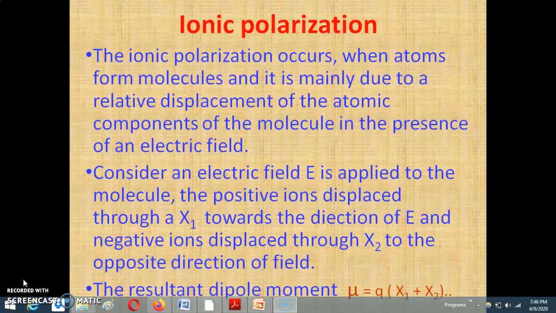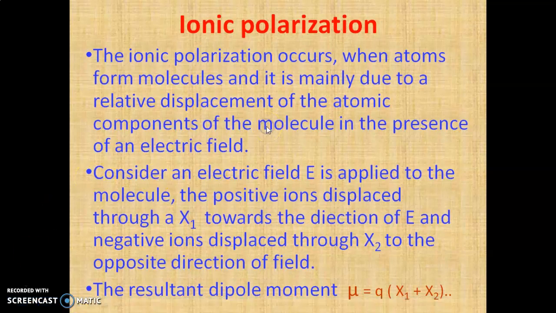That is what we are applying, in the direction of the applied field. The positive charges will move along with the field and the negative charges will move away from the direction of the applied field. Just imagine the system consists of two ions, for example sodium chloride, sodium positive charge, chlorine negative charge.